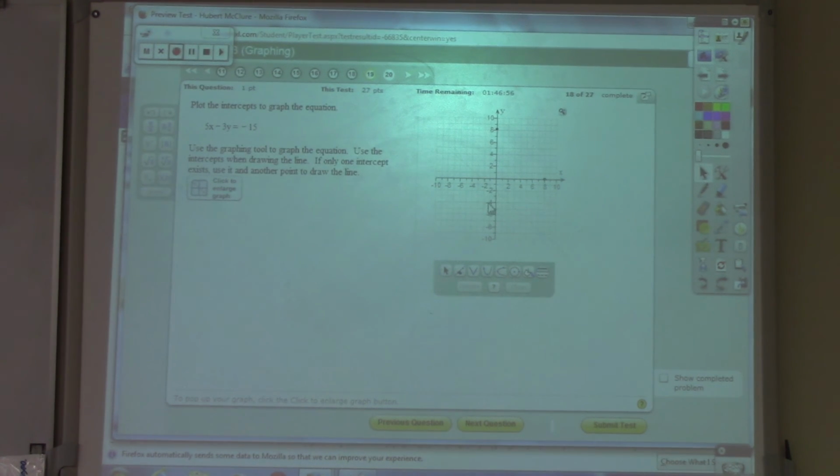Plot the intercepts. Okay, 0 for y, you get what? Negative 3. So 0, negative 3. And 0 for x, you get what? Positive 5.